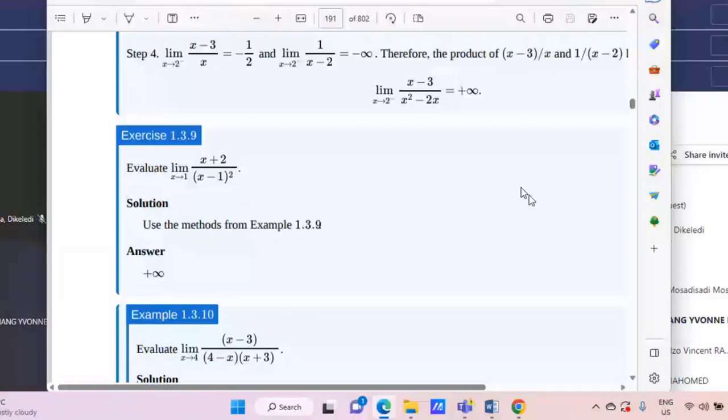Positive infinity multiplied by 1 over 7. Okay. Now, when you multiply positive infinity by that positive number, what do we get? Positive infinity. That's what we are looking for.